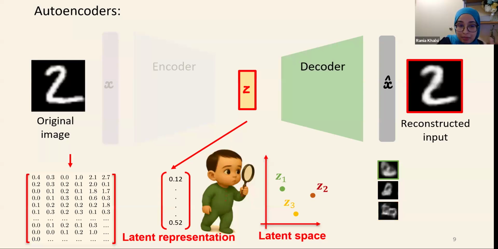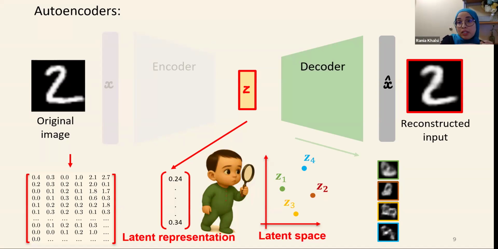The same happens no matter how many points we take in this latent space: if we pass them through the decoder, we get some reconstructed output, but it doesn't look like the original input. This is the whole idea. Randomly sampling points from the latent space and decoding them to generate new images usually fails.